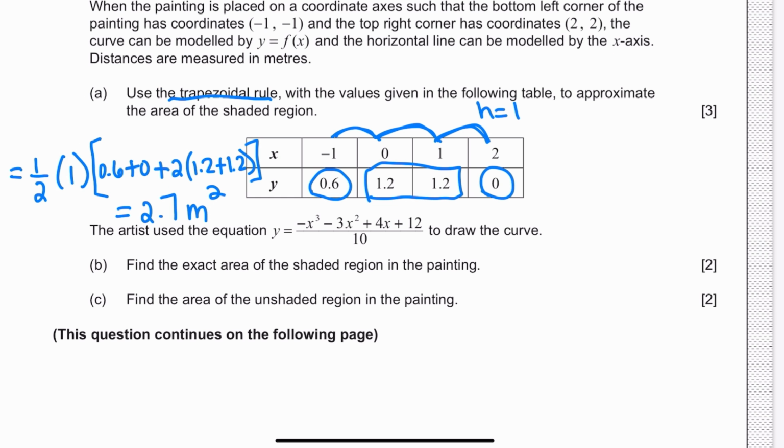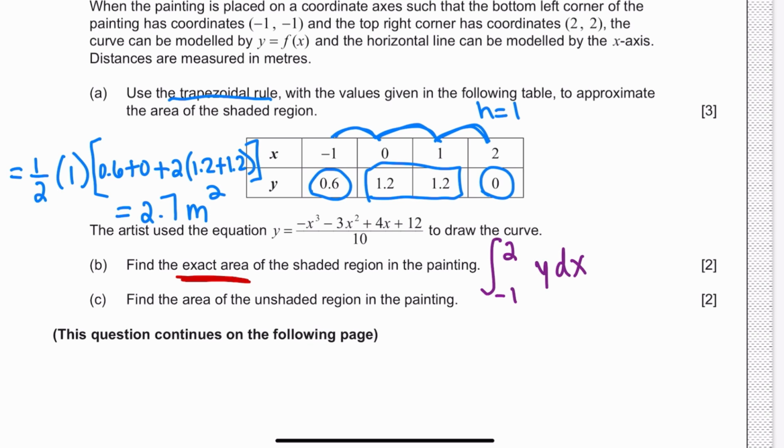Then it says, the artist used the equation to draw the curve. Find the exact area of the shaded region. To find the exact area, you're going to have to use your calculator to figure out the integral from -1 to 2 of this equation of basically y dx, okay?